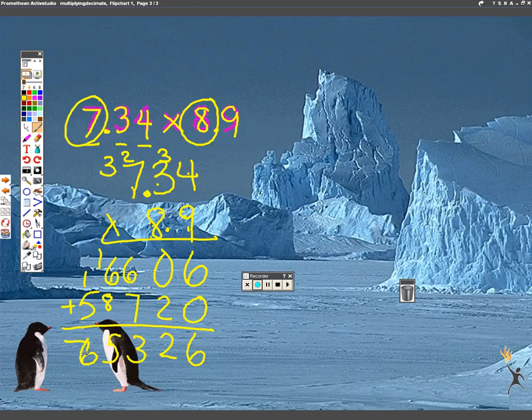Oh, sorry, I forgot I carried a 1. See, it always helps to go back and check your math. Oh, no, I did carry the 1. Sorry. 7 times 8 is 56, so a number close to 56 would be 65, right? Not 6, not 653, so my decimal goes there. Sorry about the last one. Good luck.